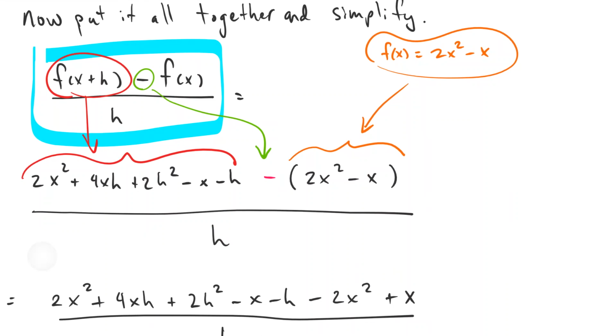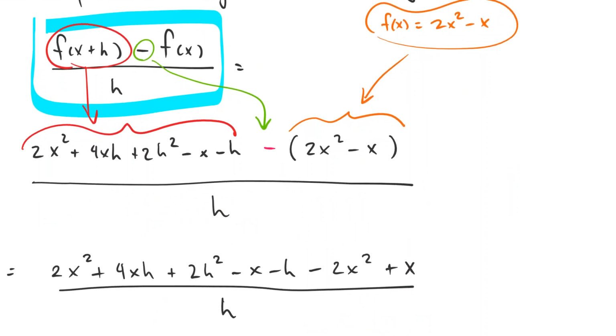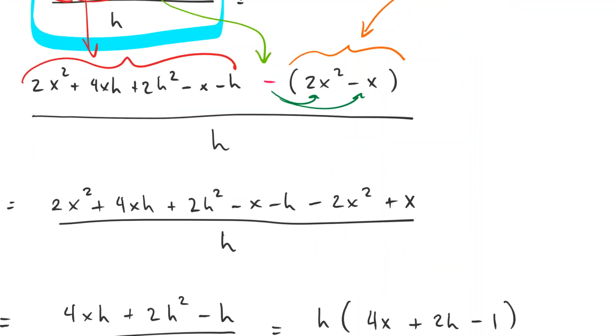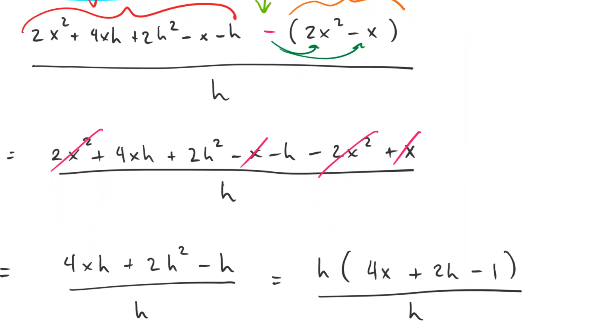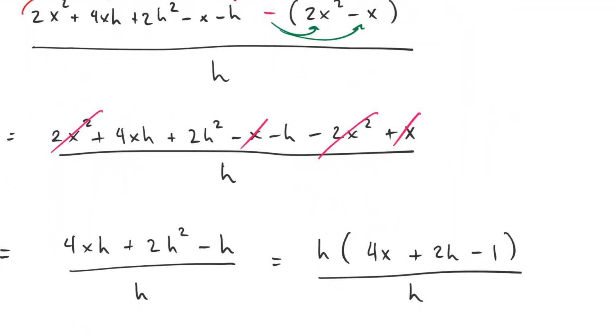Now we just do some simplification. For example, we are going to need to distribute this negative through. That gives us a negative 2x squared and a positive x right there. Now we just combine like terms. We see we can cancel some things. Looks like this negative 2x squared can cancel with that positive 2x squared. This negative x can cancel with that. And then what we're left with is 4xh plus 2h squared minus h all over h.